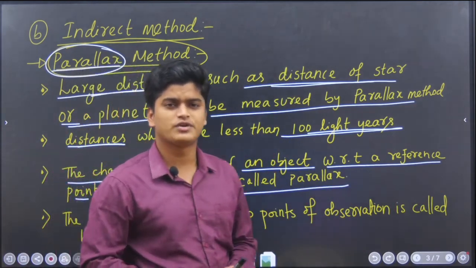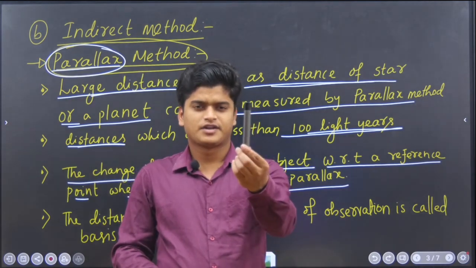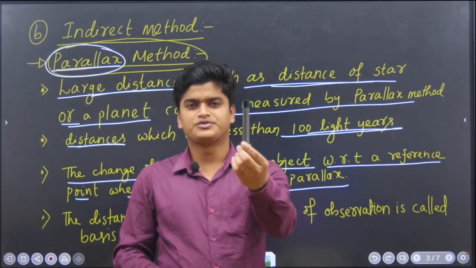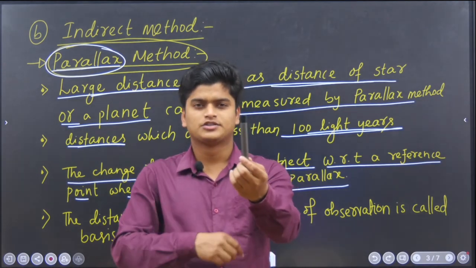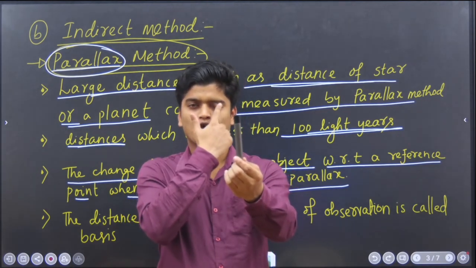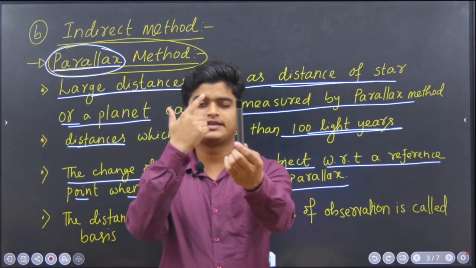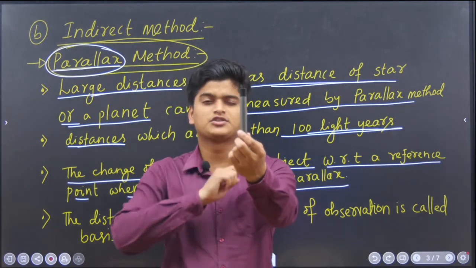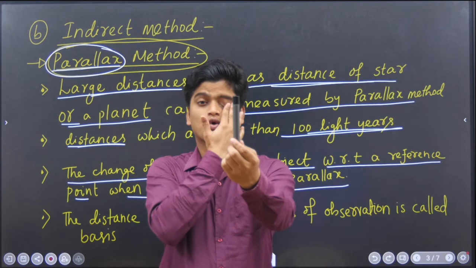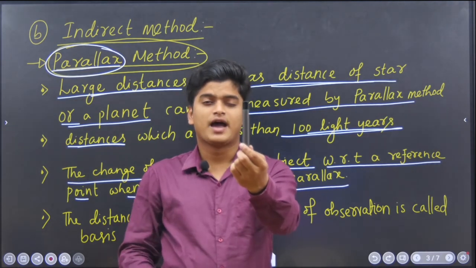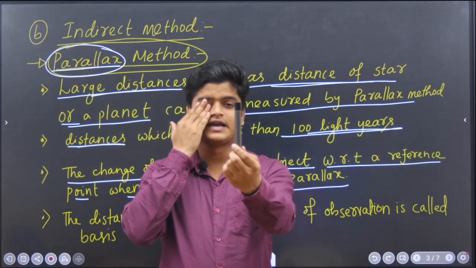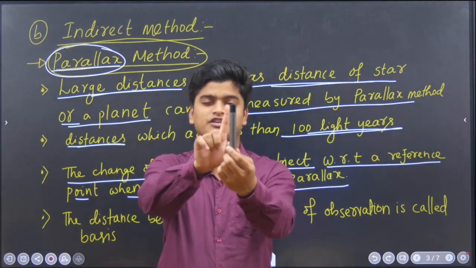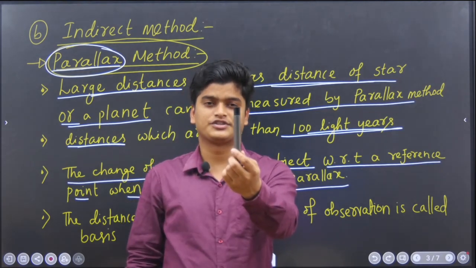Understand it this way. Suppose one object is there, and I want to observe this object with my 2 eyes. Suppose I keep this eye closed and look with this eye, then I will see some position of the object. Now, when I open this eye and close the other, I will see the object in a different position.